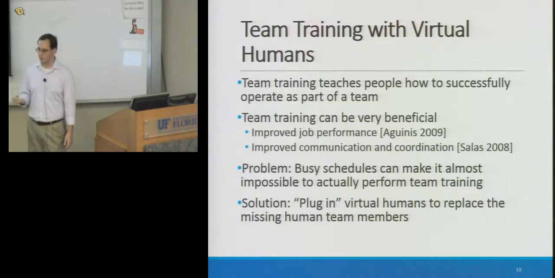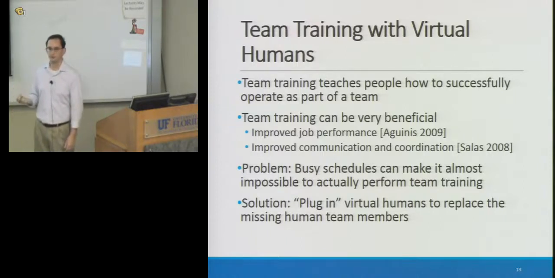But unfortunately, team training is often very difficult to get much experience with. Since we are talking about involving lots of people who are usually very busy, you either can't set up training exercises in the first place, or you have a problem where you schedule an exercise and a key team member doesn't show up. You have, say, a surgeon, an anesthesiologist, and a nurse scheduled for an exercise.